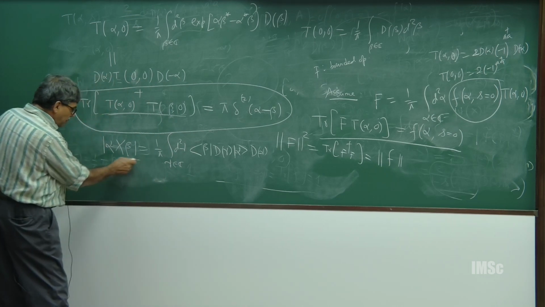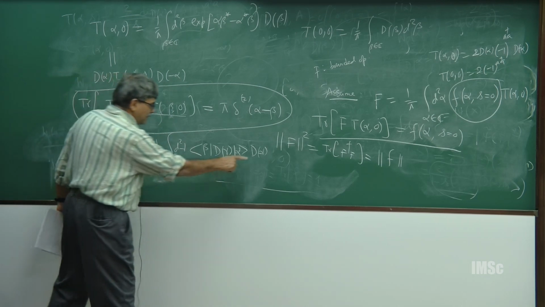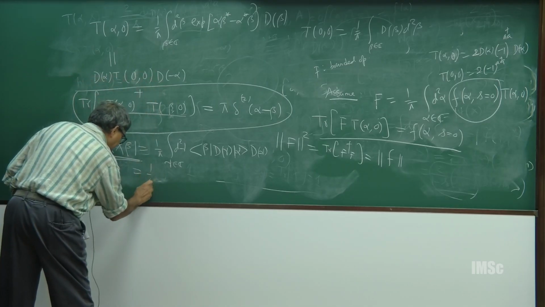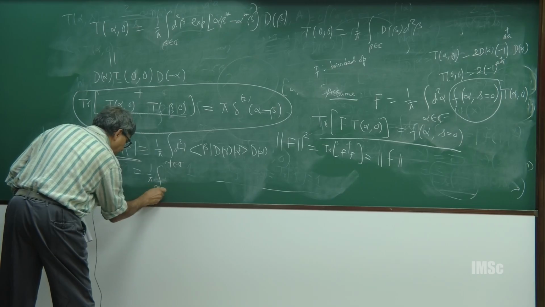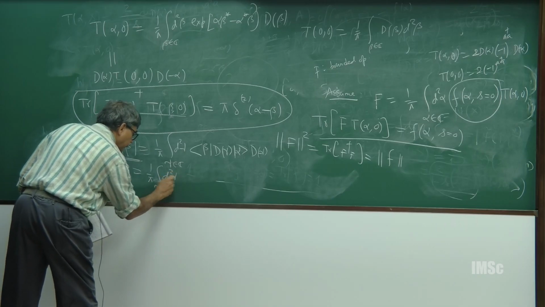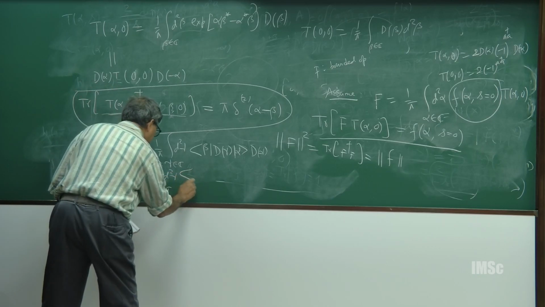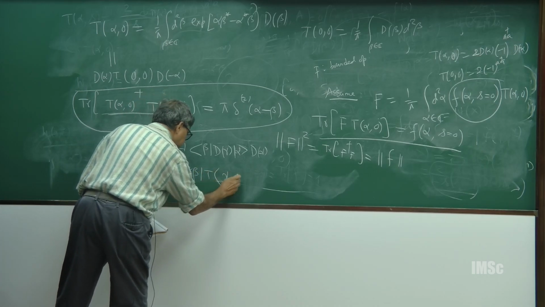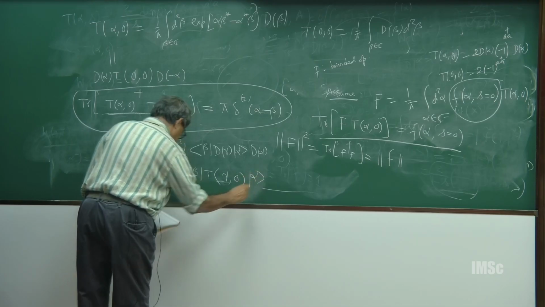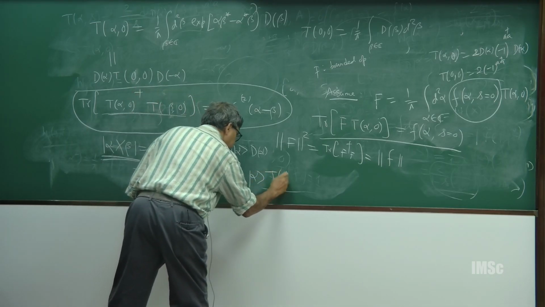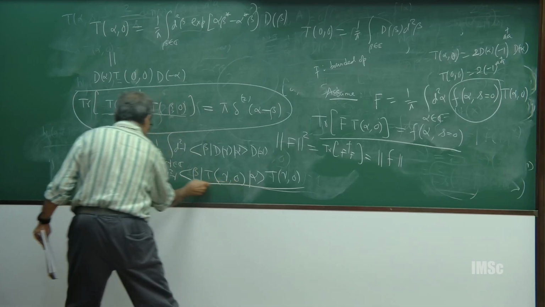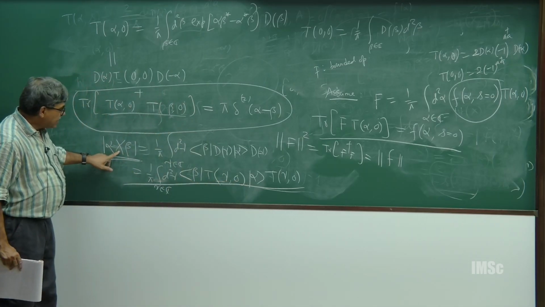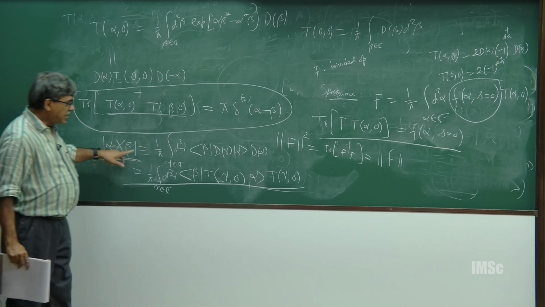So, this means that these operators can also be written in the displacement operator basis. What you can prove is that this is also true. So, this operator can also be expressed in terms of this.